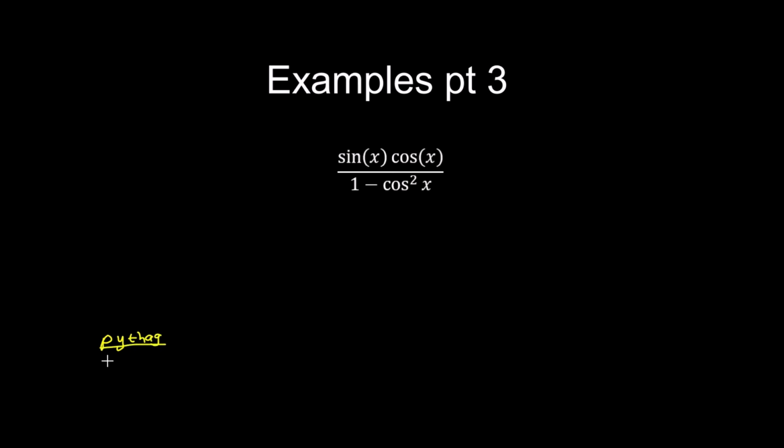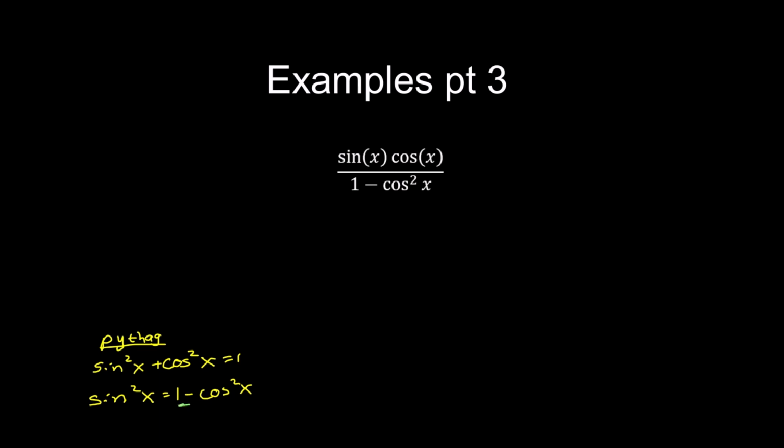And we're going to take the one that has cosine squared and 1, which is sine squared x plus cosine squared x equals 1. Now we rearrange to get 1 minus cosine squared x, so we will subtract cosine squared x from both sides. Sine squared x equals 1 minus cosine squared x.